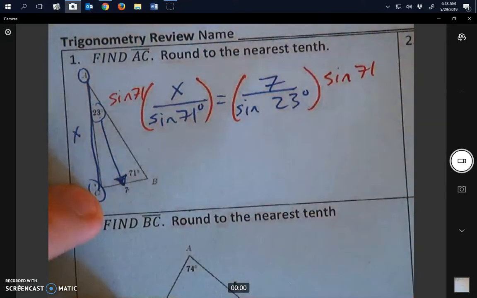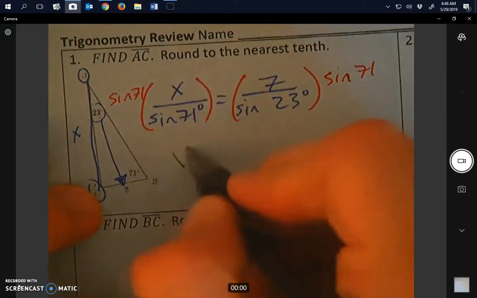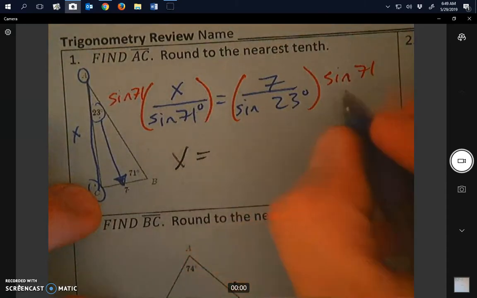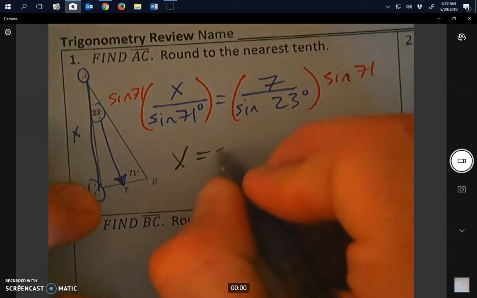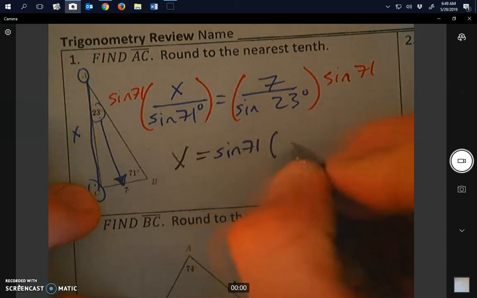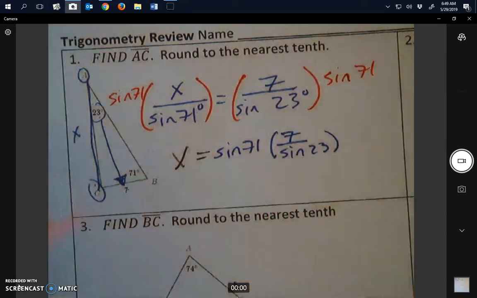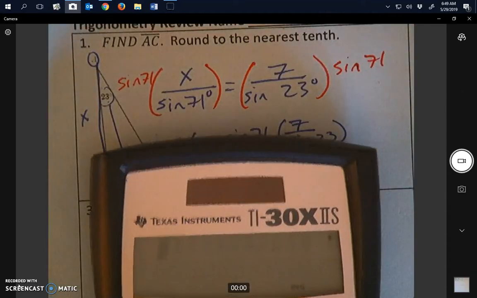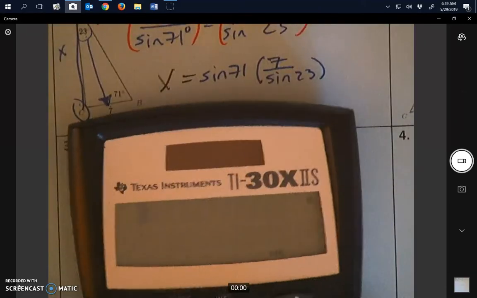So now we have x is equal to all of this. I'm going to rewrite sine of 71 in front times 7 over sine of 23. Okay, here it is. So you can see both. Okay, there we go.